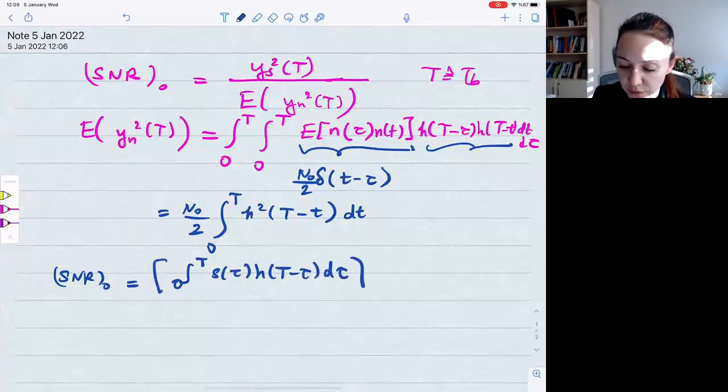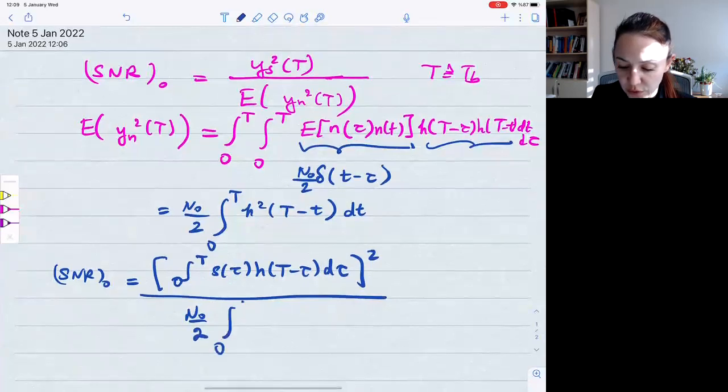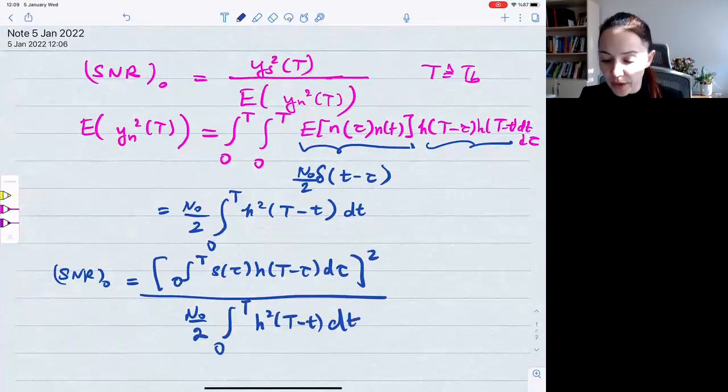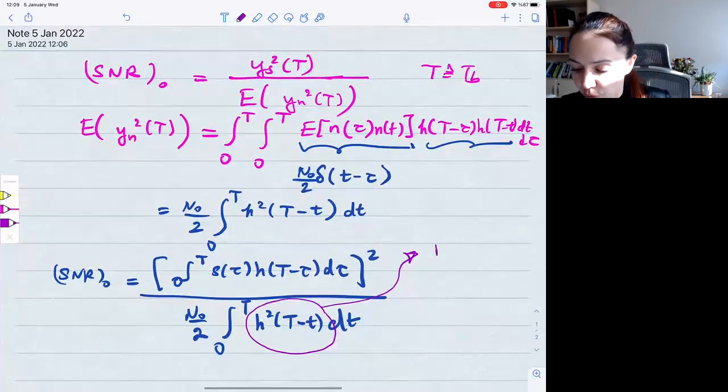So we have the square of this in the numerator, and in the denominator we have N0 over 2 times the integral from 0 to T of h squared of T minus t dt. Okay, so we are looking for the filter h to maximize SNR out.